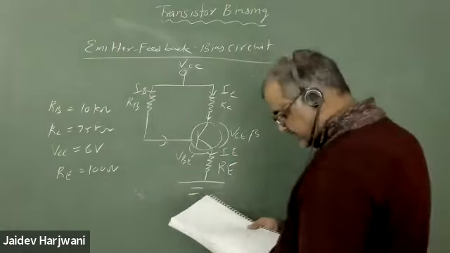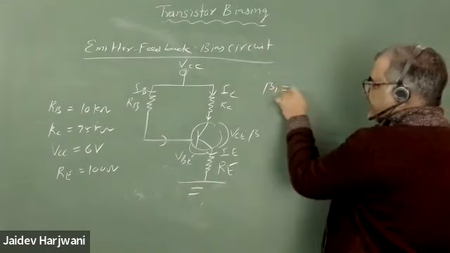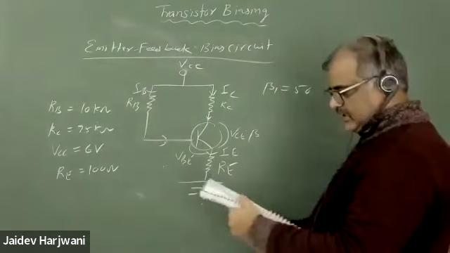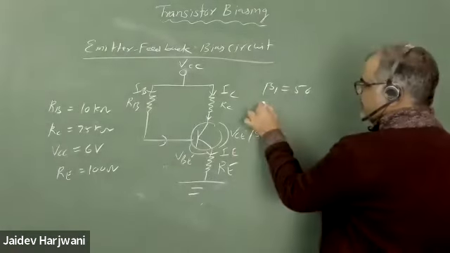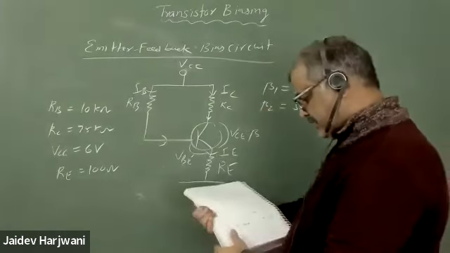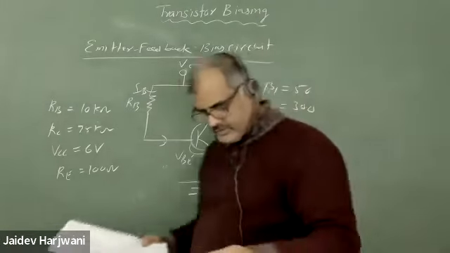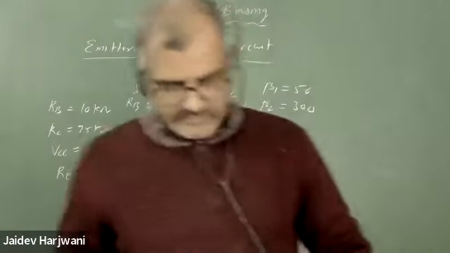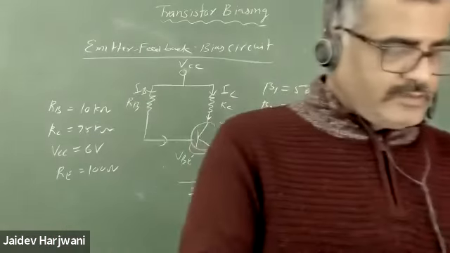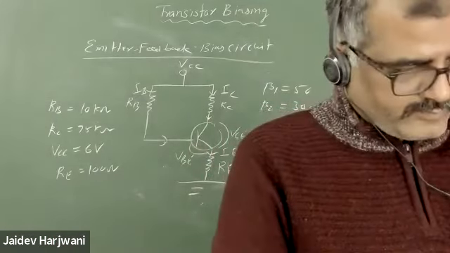Beta is 50. In the first case you take beta equals 50, and in the second case you take beta equals 300. In both cases you have to find out the operating point and region of operation. Calculate.